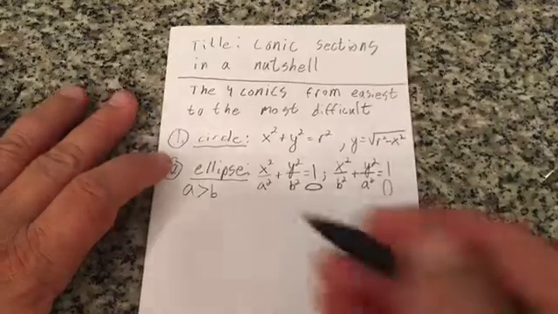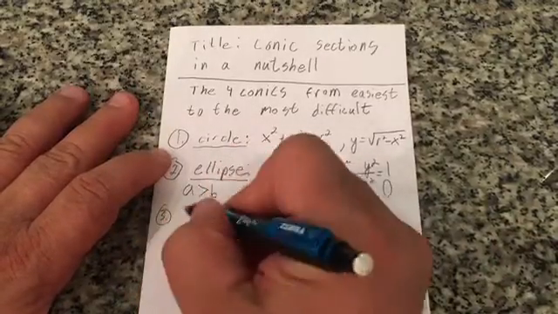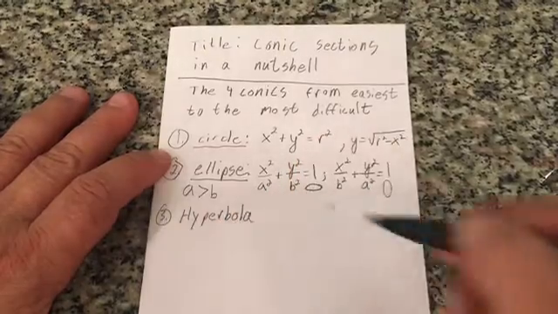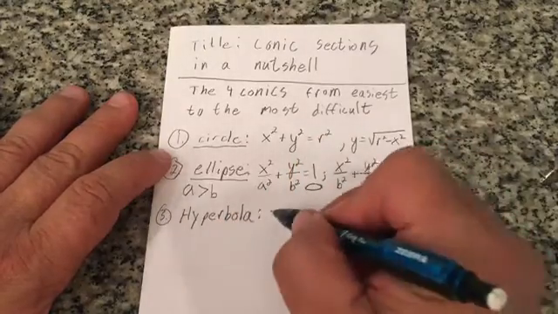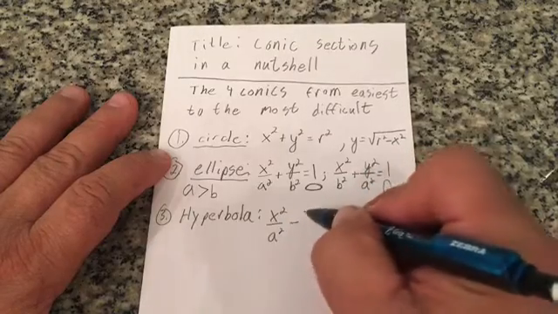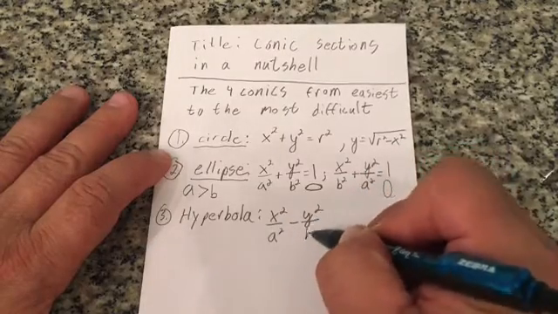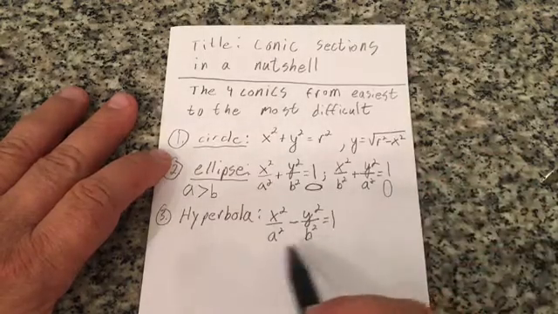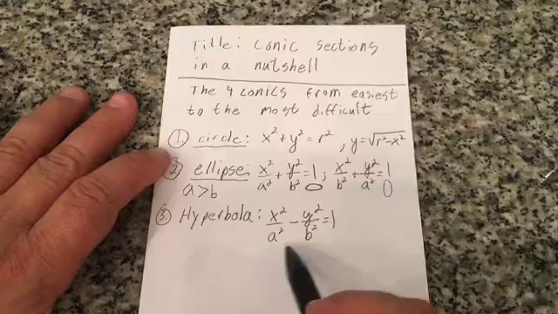The third conic section would be a hyperbola. That formula is going to be x squared over a squared minus y squared over b squared equals 1. Now, in this case, it doesn't matter which one's bigger, a squared or b squared.